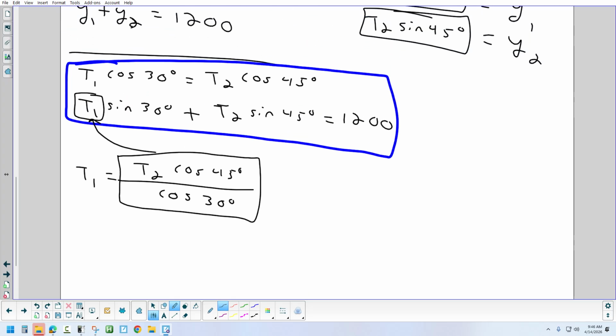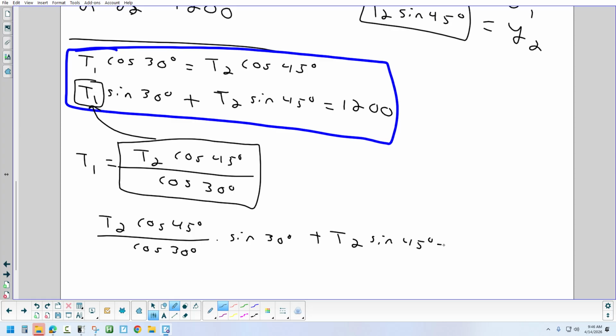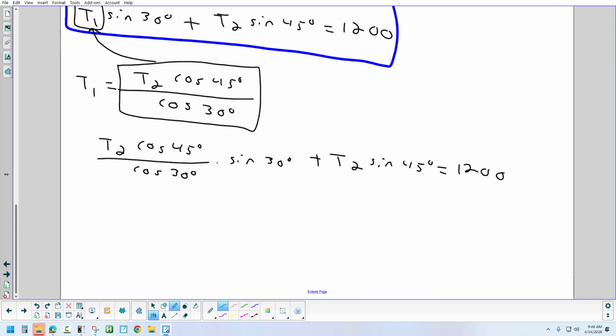All right, so we've got T2 cosine 45 over cosine 30 times the sine of 30, plus T2 sine 45, equals 1200. Now it's just a matter of getting some decimals and doing all this out.